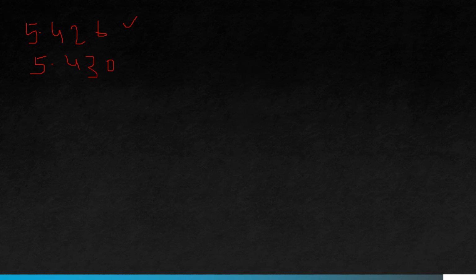What will be the next number? 5.700, right? And what will be the next number? 6.001. Okay, this is how you can compare the numbers and arrange those decimal numbers into ascending order.